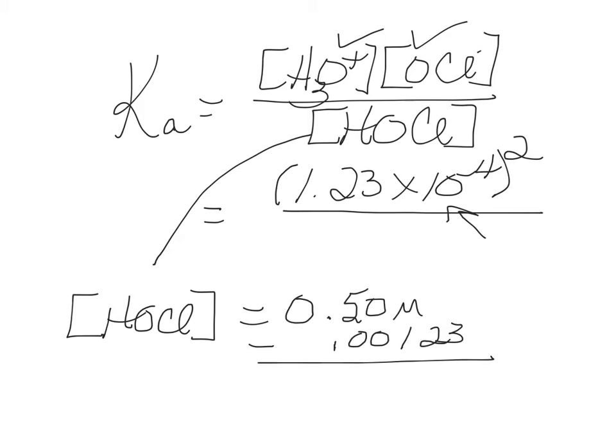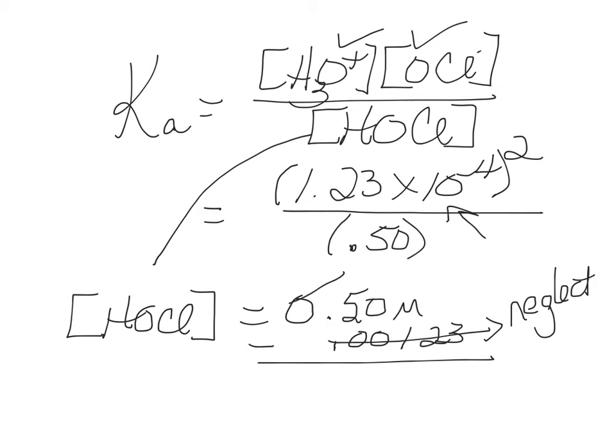0.00123. This is such a small amount that has ionized that we can neglect it. That's like using the ICE table and you can neglect x. So 0.50, the concentration does not change enough for us to include that.